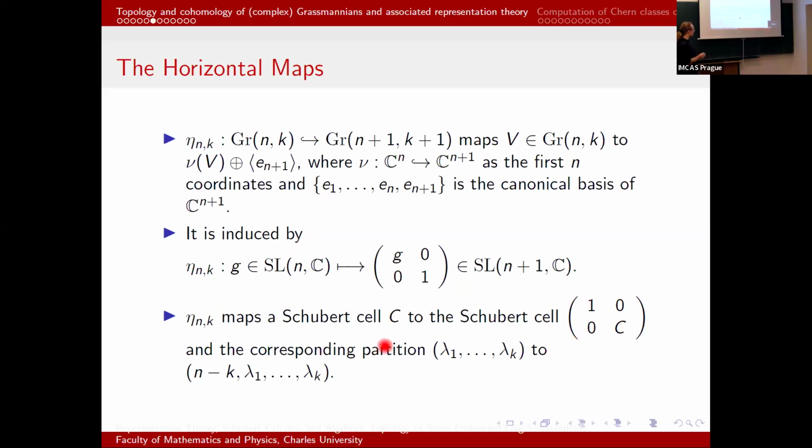And at the level of partitions, if the Schubert cell C is defined by this partition, then the partition defining the image can now have length k plus 1, but the first element still needs to be less or equal to n minus k. And so we add n minus k as the first element, which actually corresponds to the fact that we now have n minus k zeros in the first row of the resulting matrix.